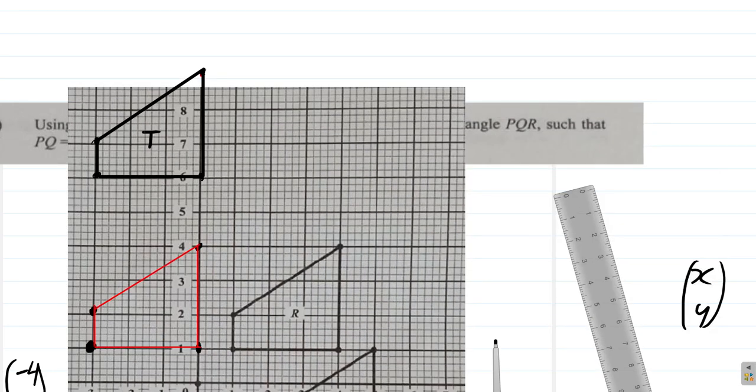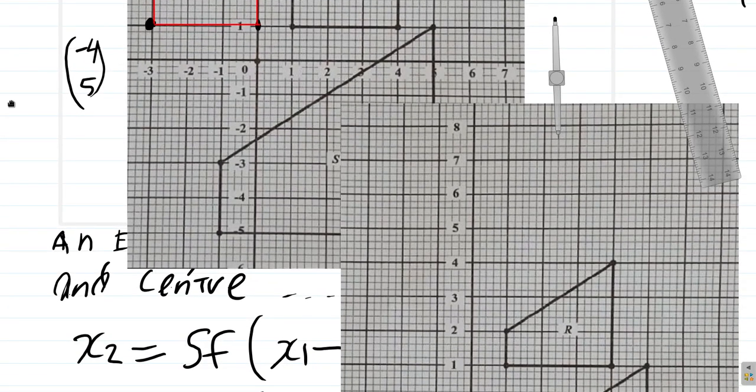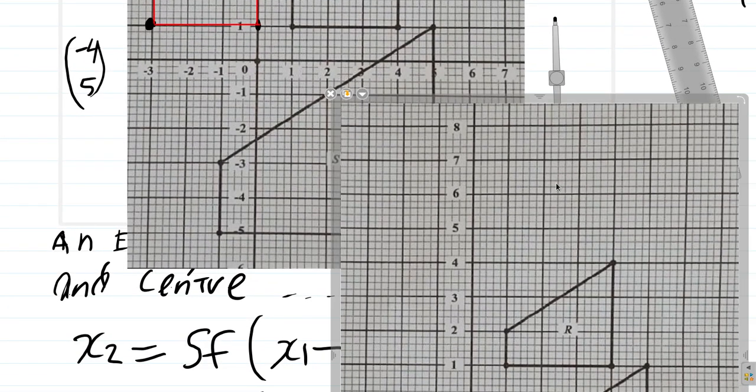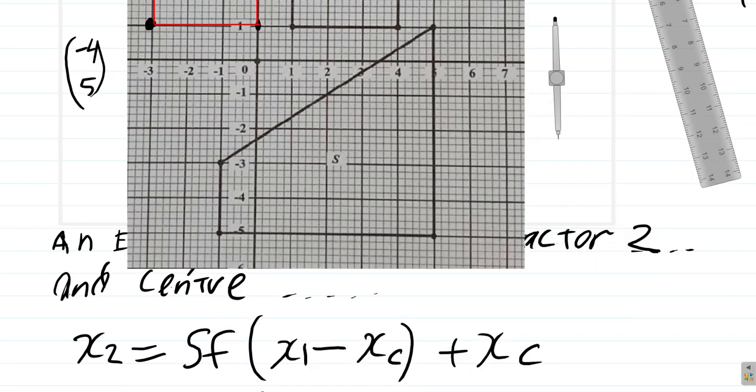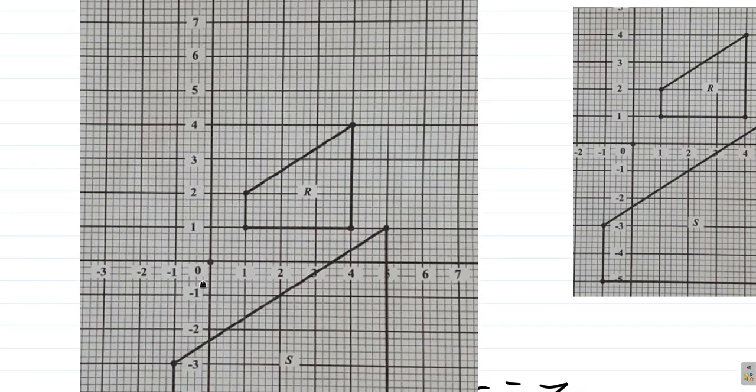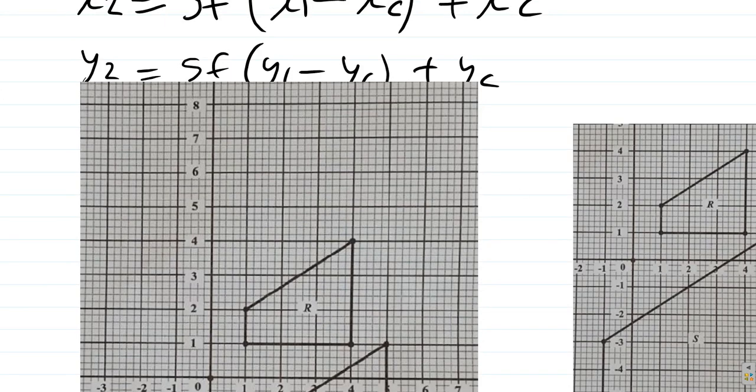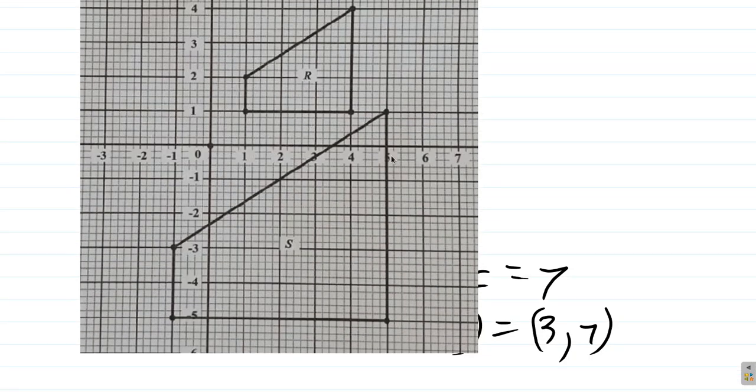Let's use another graph and not crowd this one too much. Where am I going to put it now? Let's get rid of this one. This one was there from before. We used it already. Alright.